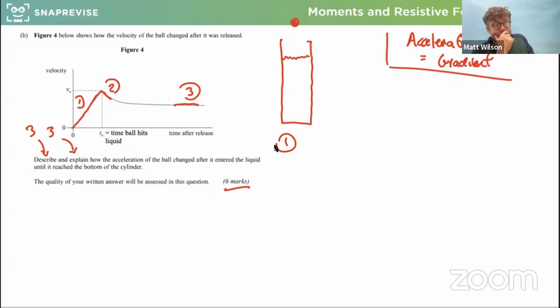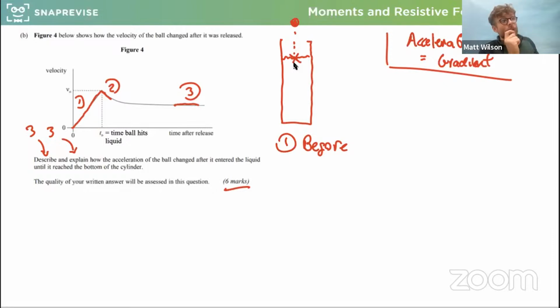Situation 1, what can we say? The gradient is constant. So that means the acceleration is constant. So that's the first thing we can say. While I'm writing this, maybe think to yourself, feel free to try putting in the chat, why would the acceleration be constant here up until T1, up until the point when the ball hits the liquid? Why would the acceleration be constant?